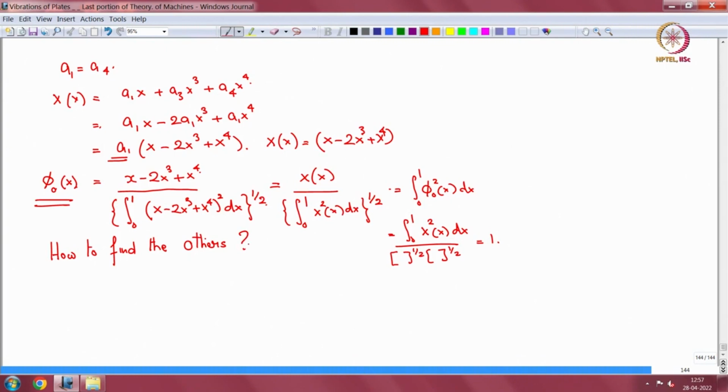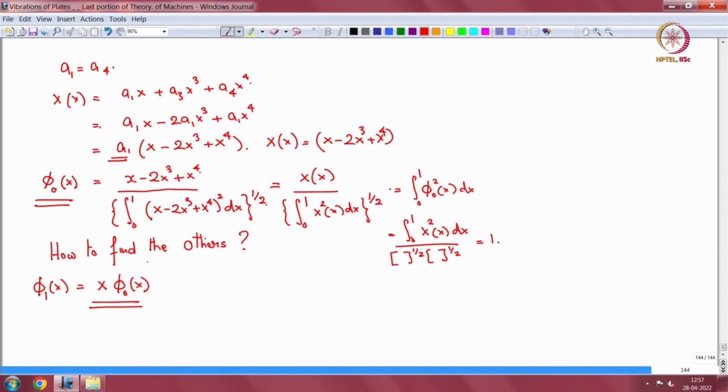The way to find the others is phi 1 of x is x times phi 0 of x. This is another function, okay. But in order to make it orthogonal to phi 0, this is the Gram-Schmidt orthonormalization.